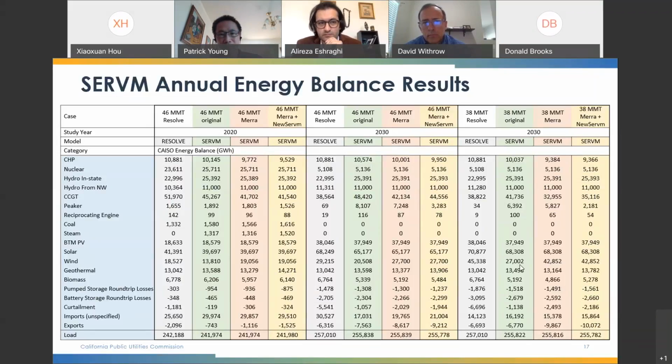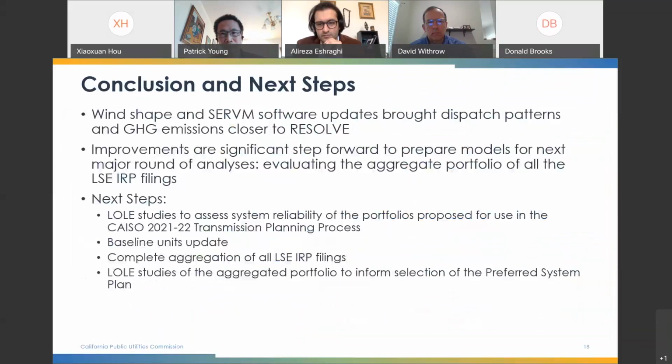Well, what I will say is that the new MERRA wind shapes have gotten Resolve and SERVM to be a lot closer. So I'm thinking we just leave Resolve the way it is and know that we just got a lot closer with the SERVM modeling. So we're achieving the goal of getting the results to be way closer. Resolve, as you know, is 37 days, which means it's not necessarily built with the same shapes and the same way that we create wind shapes as was done when we did the full production cost 8760 model.